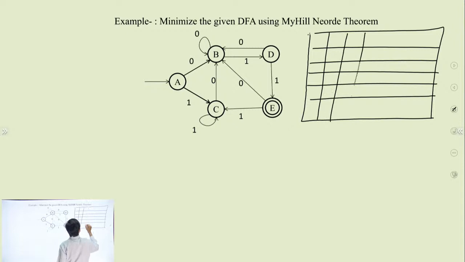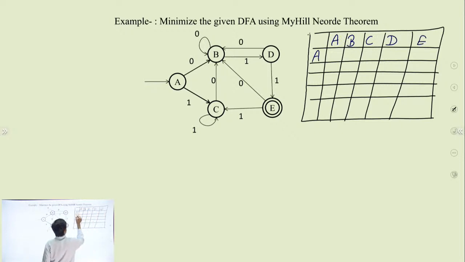We make a matrix of 6 by 6. Why 6 by 6? Because one row and one column are to denote the states. So there are states A, B, C, D and E along the row, and A, B, C, D and E along the column.